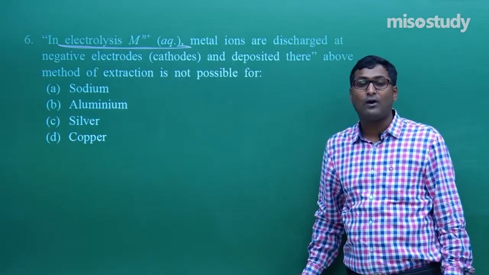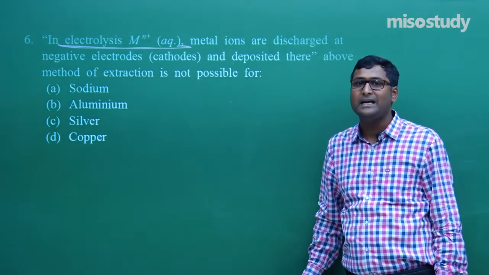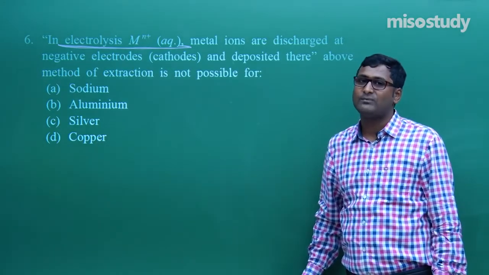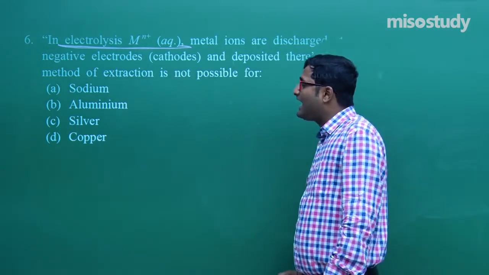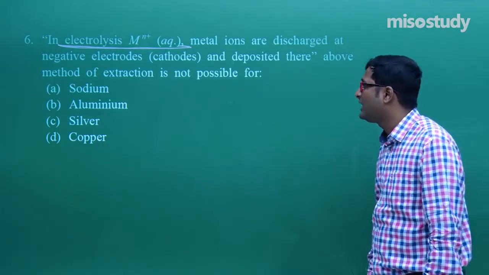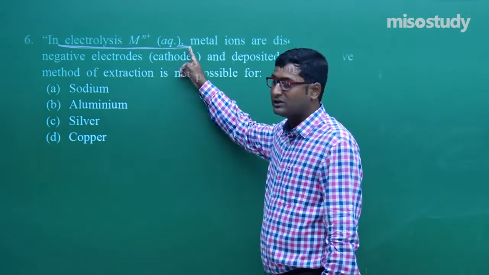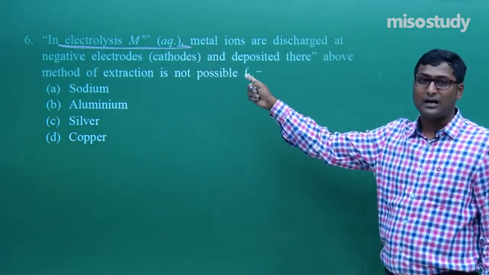As we know, for a highly reactive metal, we cannot easily get the metal from the electrolysis of its salt. Clear? In this case, the highly reactive metals are sodium and aluminum. So this process is not suitable: electrolysis of M^n+ aqueous solution.